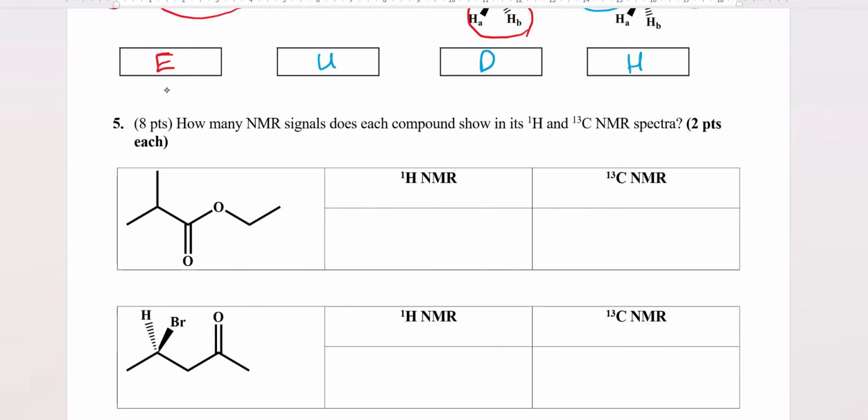For the next question, question 5, how many NMR signals should we see for H NMR and for carbon NMR for each of these compounds?